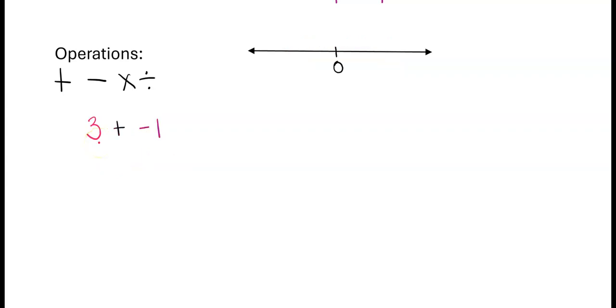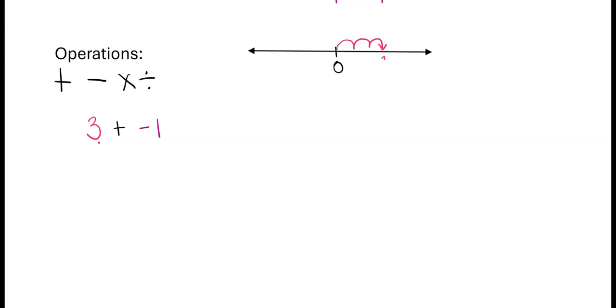Now, when you add numbers with opposite signs, you're going to be going in opposite directions on the number line. Therefore, you're going to actually have to subtract because you're going different directions. For example, positive 3 plus negative 1. I start out from 0 and I move in the positive direction 3 units.